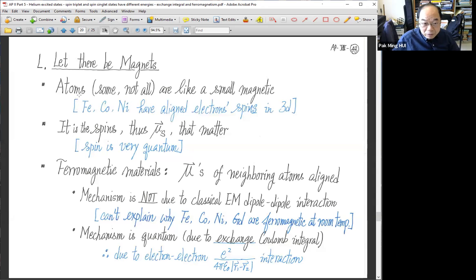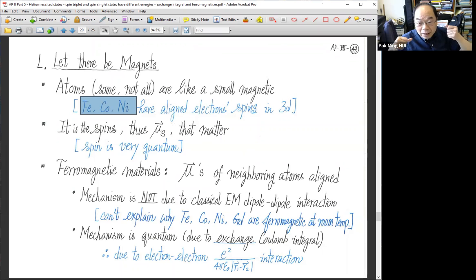If you look around in the periodic table, only a few atoms, when they form a solid, will be ferromagnetic materials. Those are mostly in the 3D so-called transition metal row, for example iron, cobalt, nickel. They have a few so-called 3D electrons occupying the D levels, but according to quantum mechanics, we will discuss it a bit in the next part.